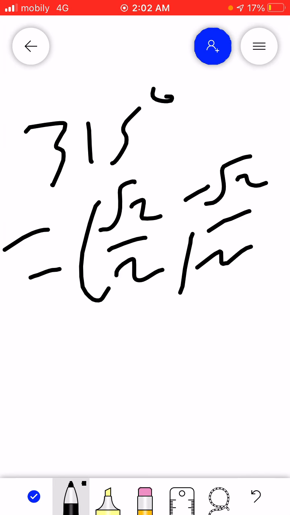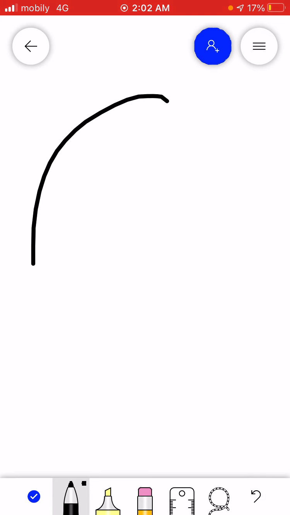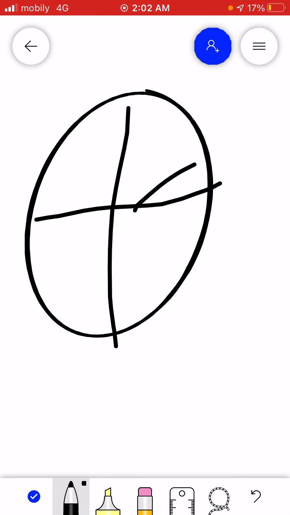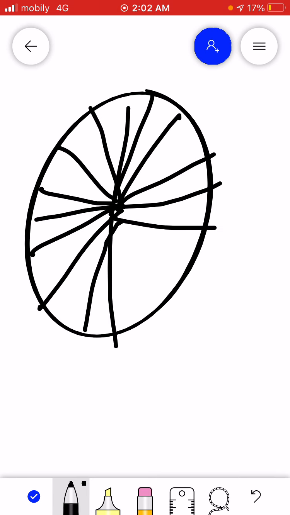All right. So now we understand 30, and we understand 45, which is equivalent to 315, and the 30 is equivalent to 330.